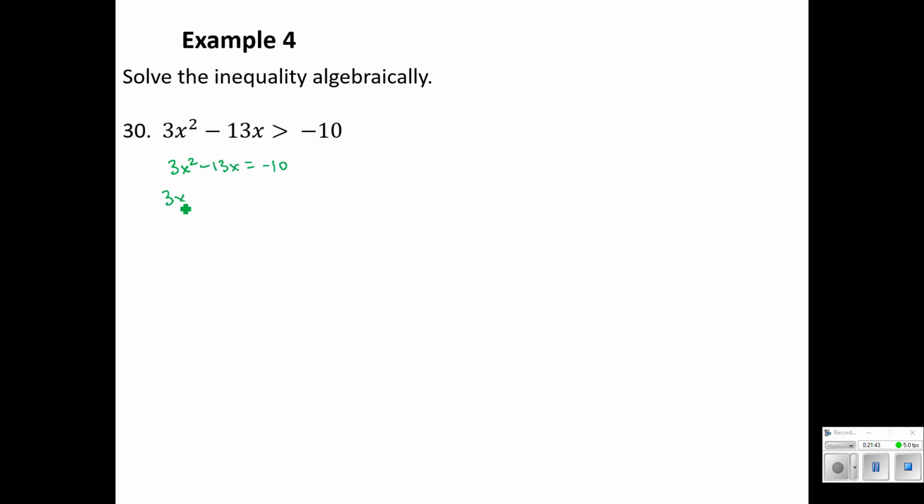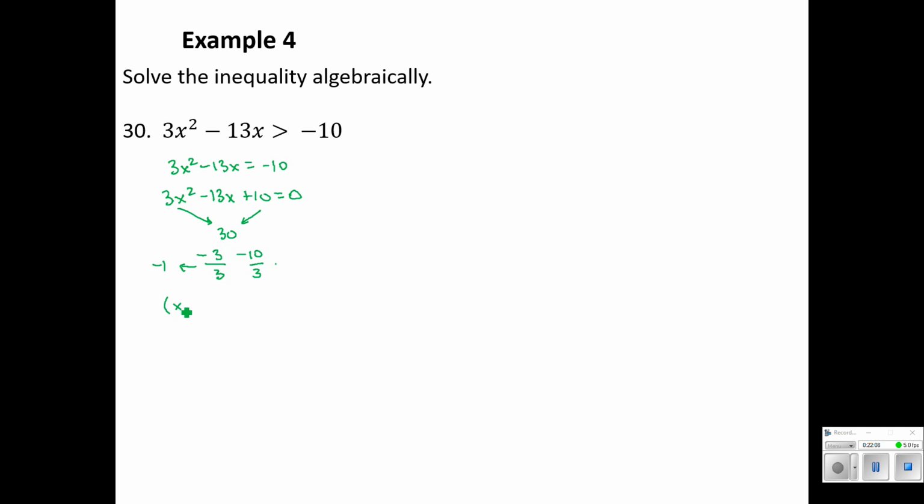So obviously we've got a trinomial, so we want to get it set up equal to 0. And then we'll look, okay, is this factorable? 3 times 10 is 30. What multiplies to be 30 and adds up to -13? -3 and -10. Divide those by our a term and simplify.